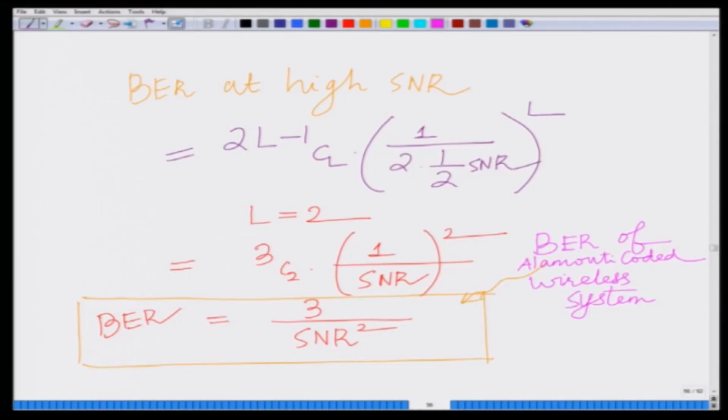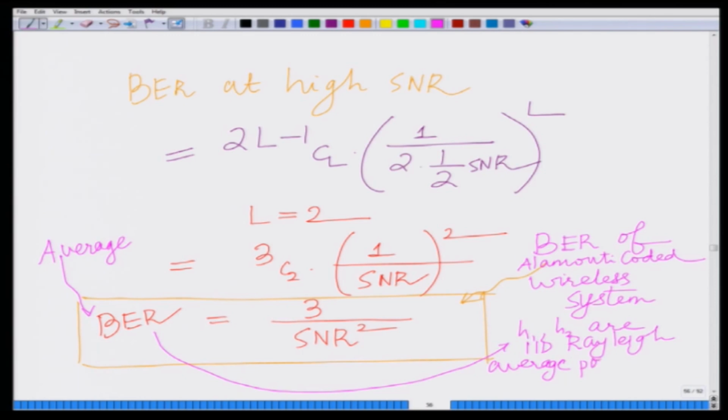We are assuming the fading channel coefficients H1, H2 to be IID Rayleigh with average power 1. That is the standard assumption when we derive the bit error rate of this system with maximal ratio combining. So, remember, this is the average bit error rate under the assumption that H1, H2 are IID Rayleigh with average power equal to 1.